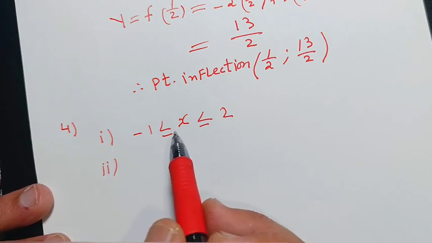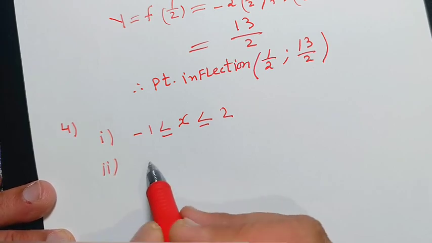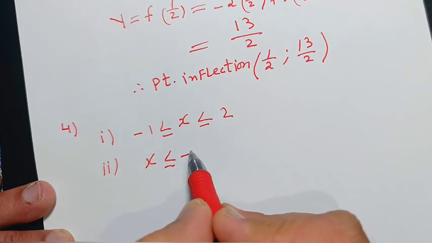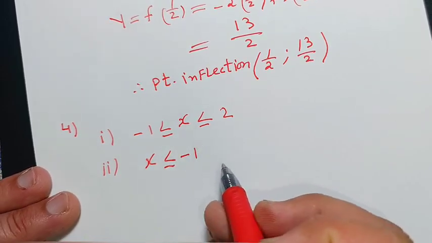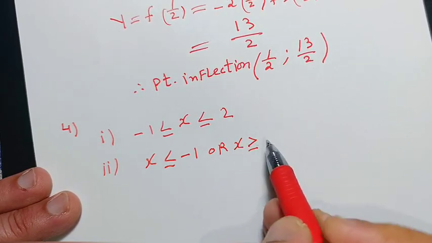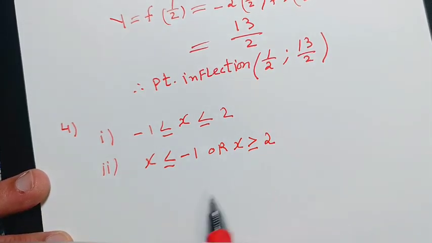So first is where f is increasing, the second is where f is decreasing. So for decreasing, x less than negative 1 is included, or x greater than 2 as well, the 2 is included.